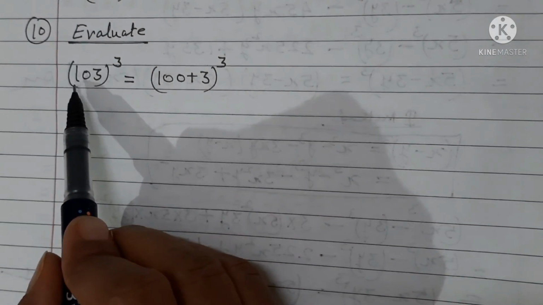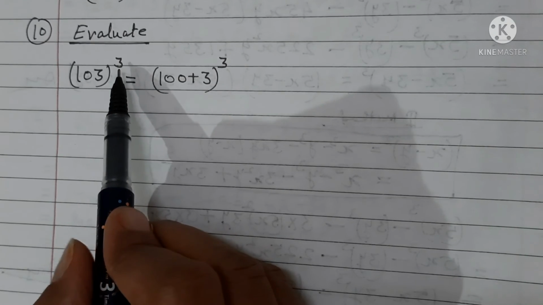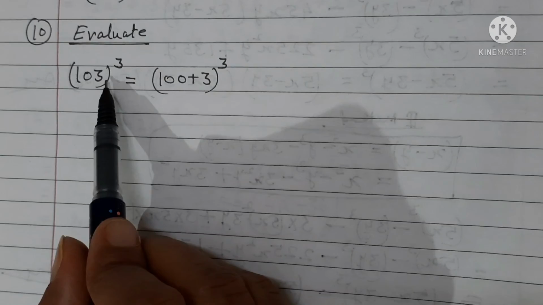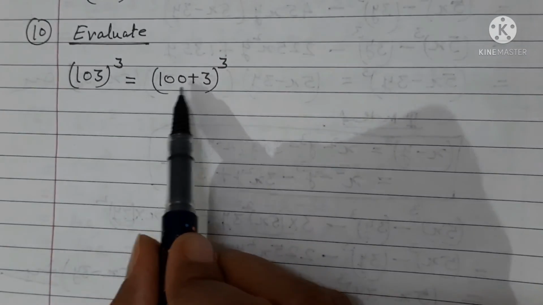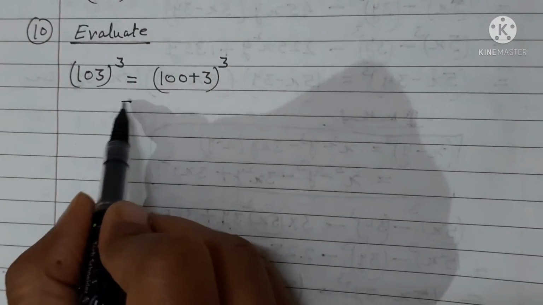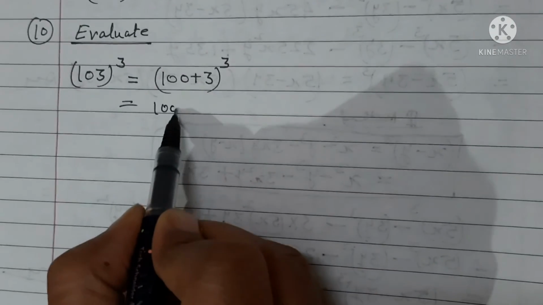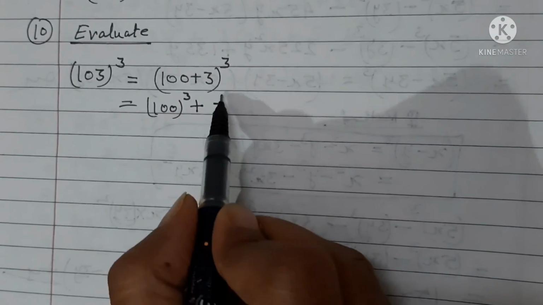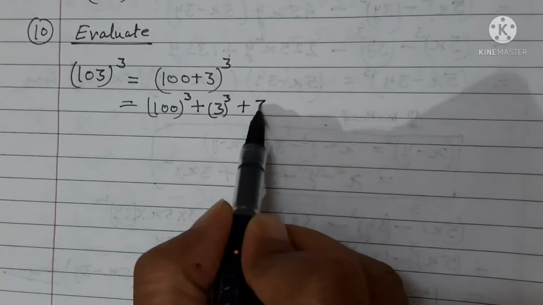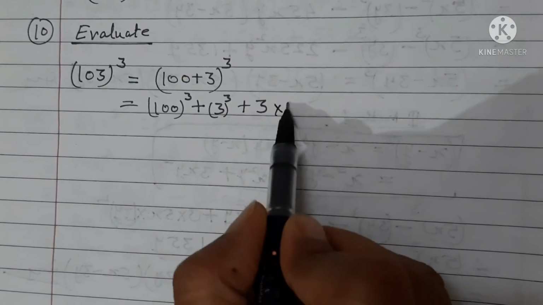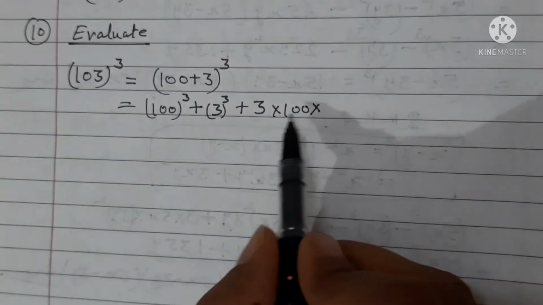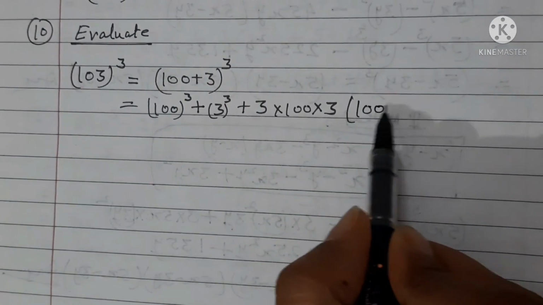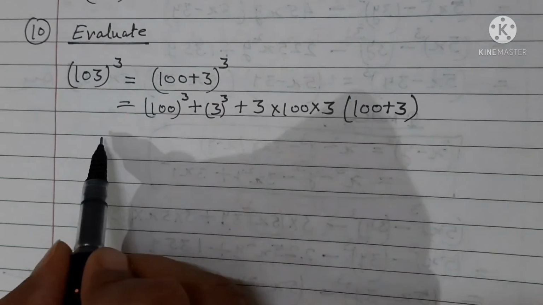Evaluate. Question number 10. 103 whole cube. So we will solve it with the help of identity by breaking the numbers. The number you can write 100 plus 3 whole cube. A plus b whole cube is equal to a cube plus b cube plus 3ab, 3 into 100 into b, that means 3, and a plus b, 100 plus 3.